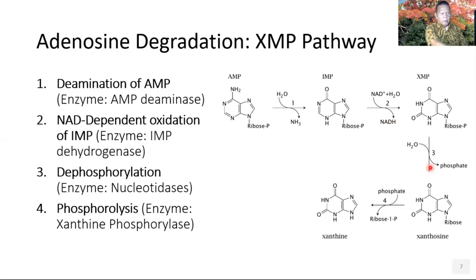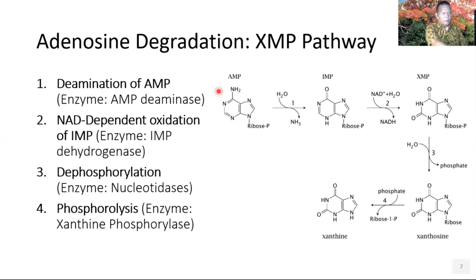The third one is dephosphorylation. The enzyme involved in this reaction is nucleotidase. And the last one is for phosphorylase. The enzyme involved in this reaction is xanthosine phosphorylase. Let's see this one.